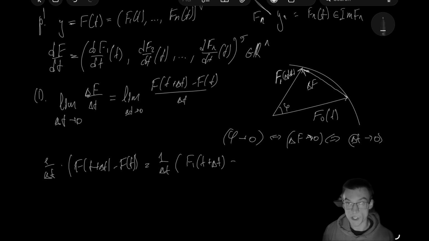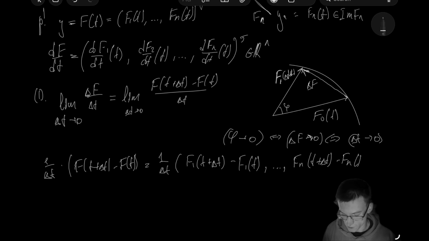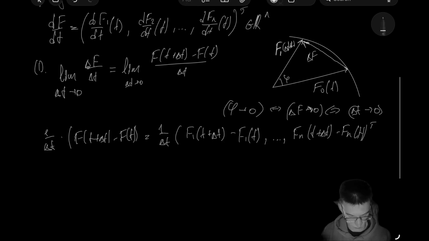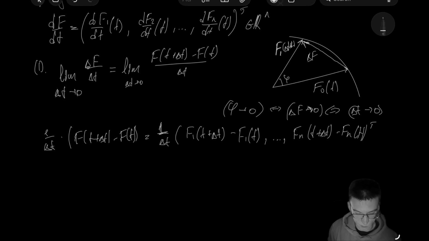So f1 of t plus delta t minus f1 of t, where again each is a scalar function of t, until fn of t plus delta t minus fn of t, and this is a transposed vector, multiplied by the scalar value here.